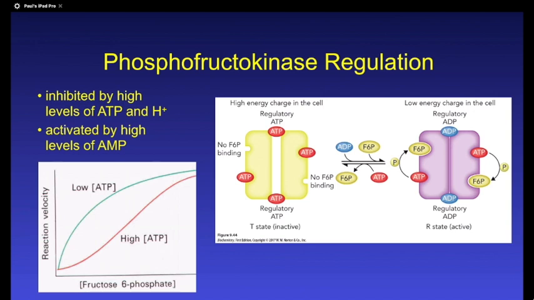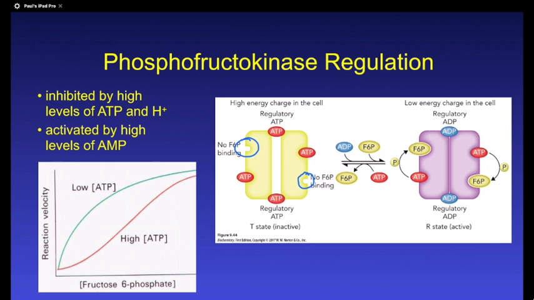Now how is that particular process actually working? You can see if there's lots of ATP, it binds at other sites and it excludes the fructose 6-phosphate. It actually changes the shape of the active site so that it doesn't fit fructose 6-phosphate very well. And if fructose 6-phosphate doesn't bind, it won't be phosphorylated.